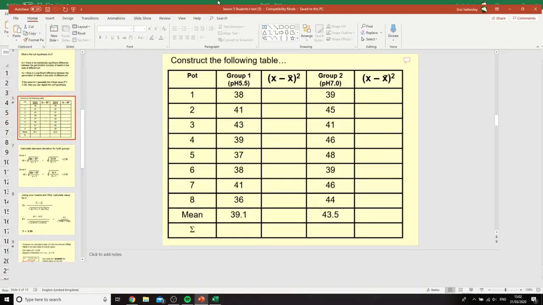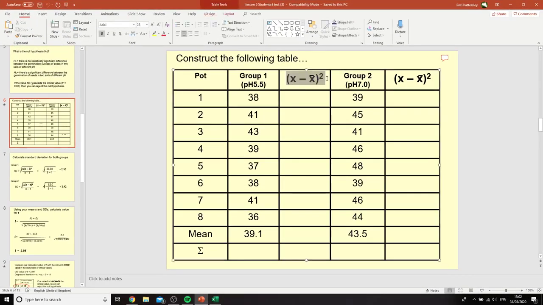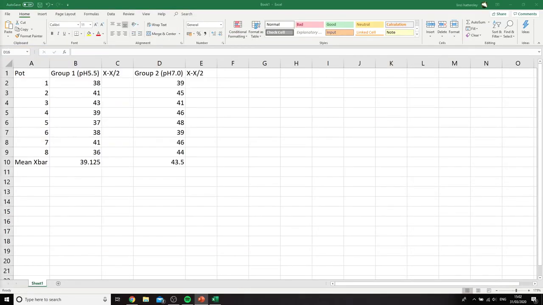To help you, it's this bit here that I'm on about. So x is the value and x bar is the mean. So equals open bracket, I'm going to do x minus x bar.